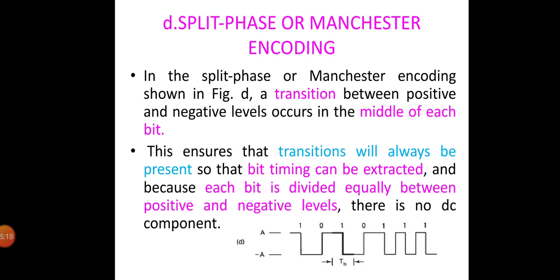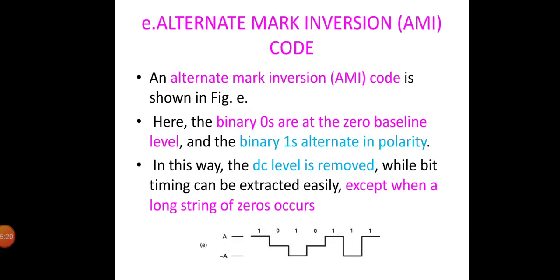A comparison of the frequency bandwidth required for digital waveforms can be obtained by considering the waveforms which alternate at the highest rate between the two extreme levels, and these will appear as square waveforms. For the basic polar non-return to zero waveform, this happens when the sequence is 101010. The periodic time of such a square waveform is 2 TB and the fundamental frequency component is 1 by 2 TB.